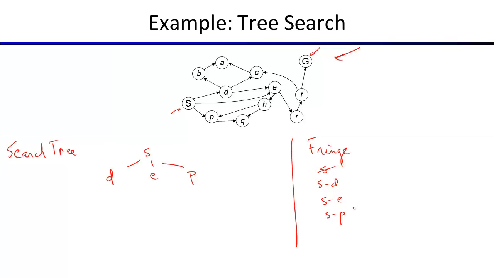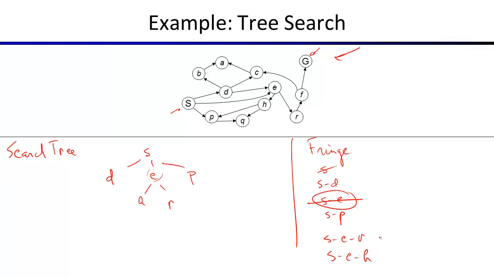D? E? Okay, E sounds good to me. So we pick this one here for expansion. The successors are H and R. On the fringe side, this goes off, and instead we get SER, SEH. Now our fringe has four nodes on it.